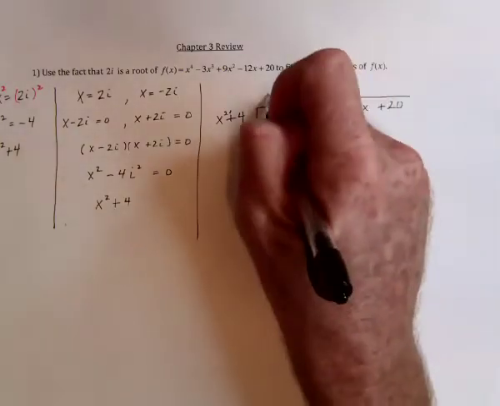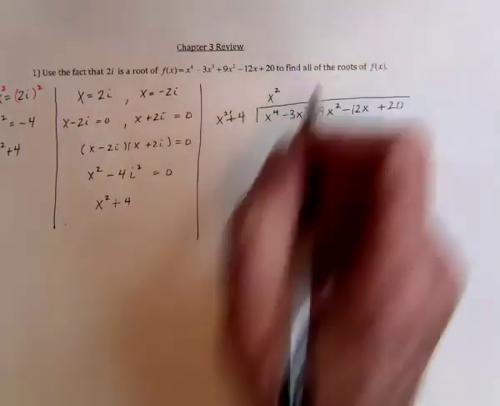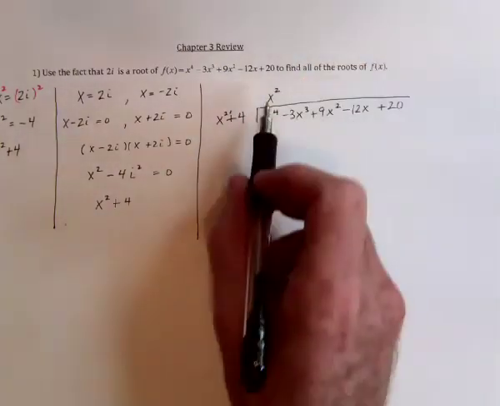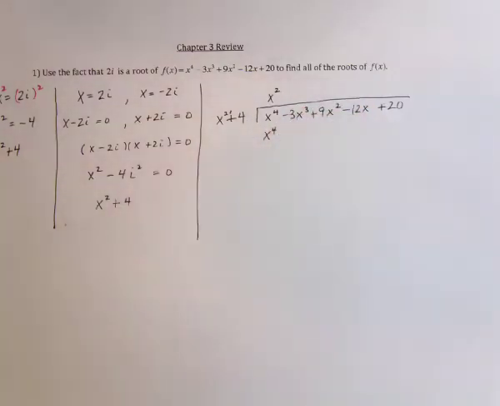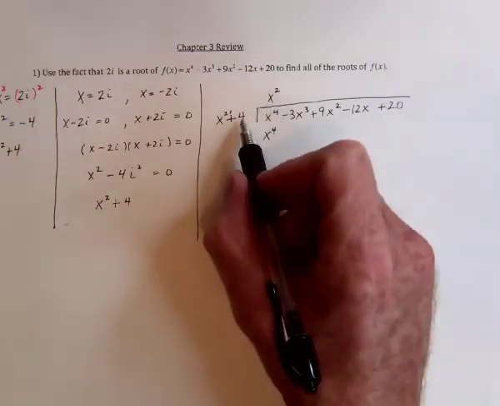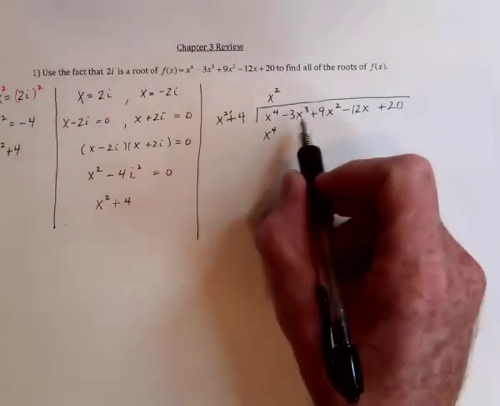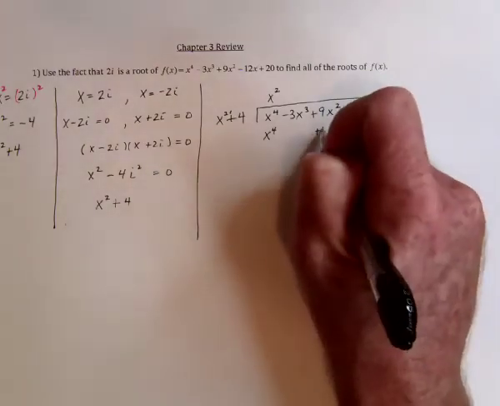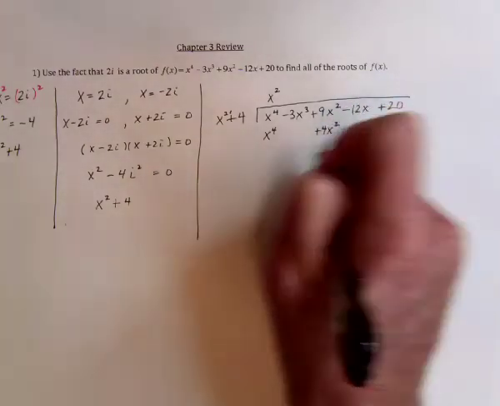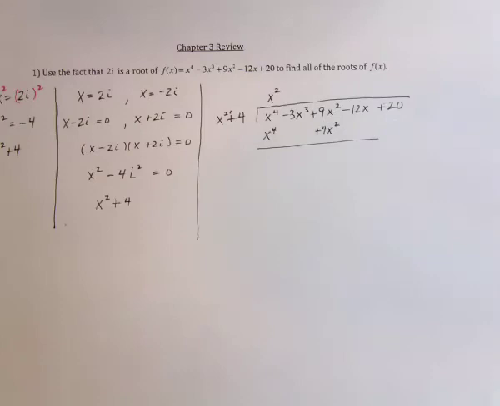So I need to start with an x squared, because that way x squared times x squared is going to be x to the 4th, and when I subtract, those will cancel. But I have to distribute this times this is going to be 4x squared. Don't line it up with the x cubes, line it up with the x squares. 4x squared. And then subtract.